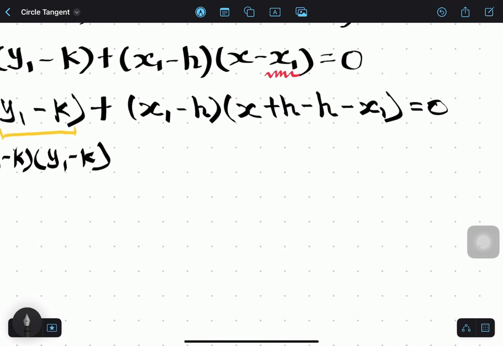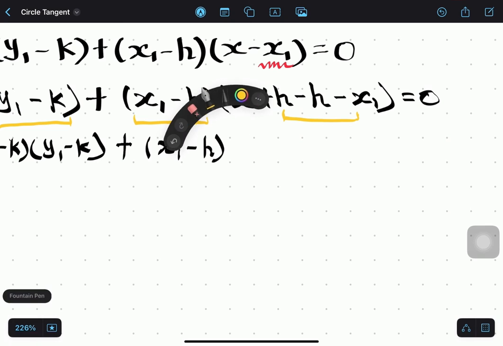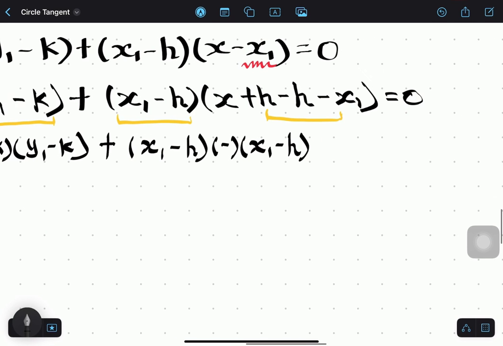Now the other side, plus x1 minus h. I'm going to make it the same, so I'm going to group this term with the one here. x1 minus h, I factorize negative x1 minus h, so they're actually the same like terms now.